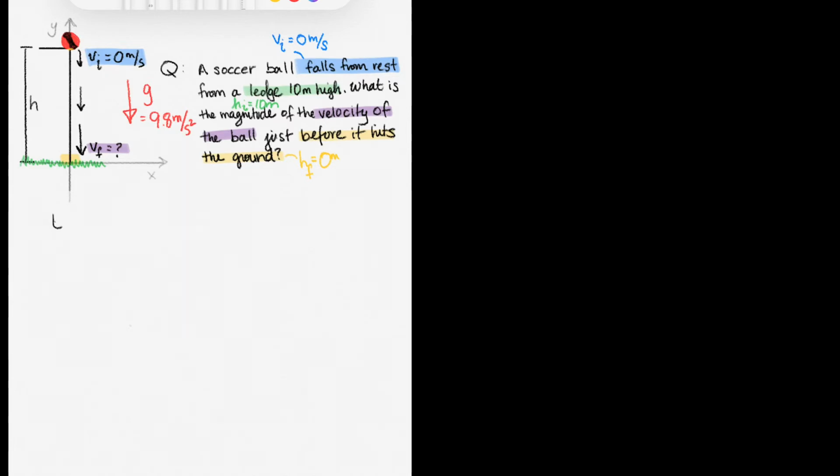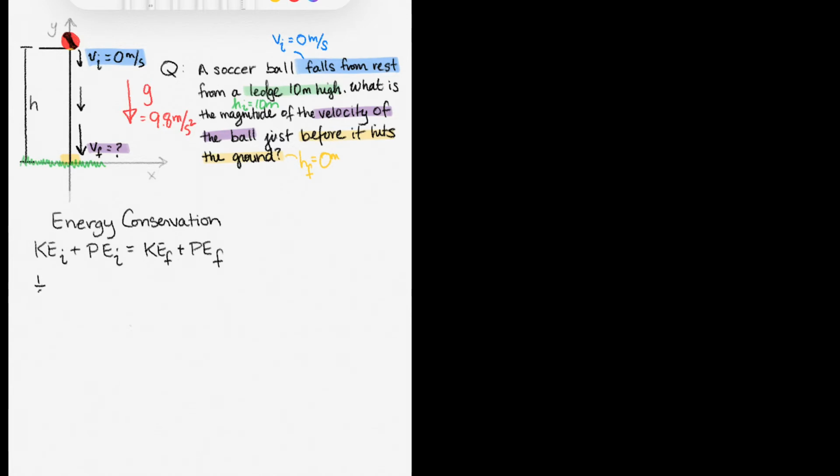So we're going to use energy conservation, and that will be the kinetic energy plus the gravitational potential energy in the initial state equals the kinetic energy in the final state plus the gravitational potential energy in the final state.